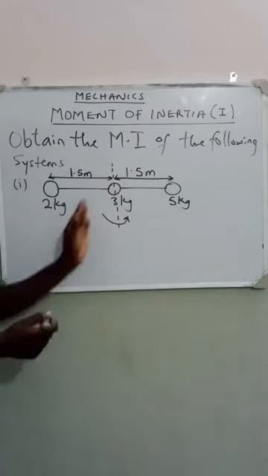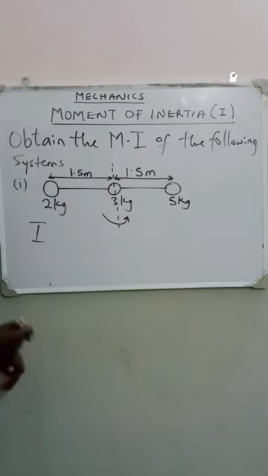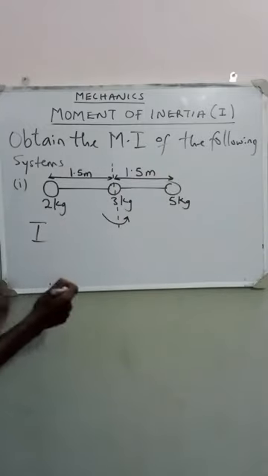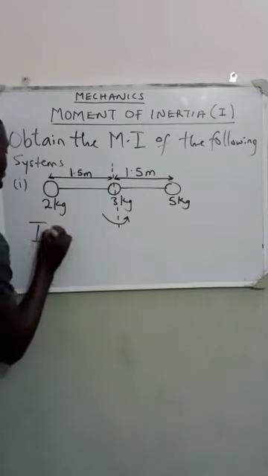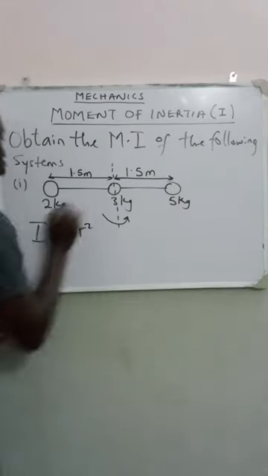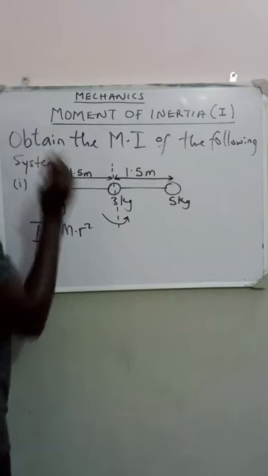For us to calculate the moment of inertia, since we have 3 masses, we use I equals the summation of m r squared.